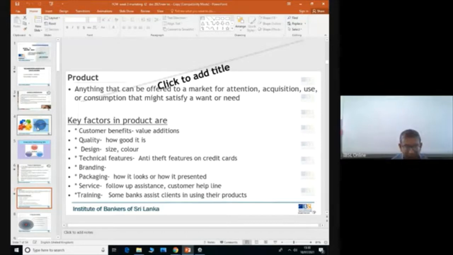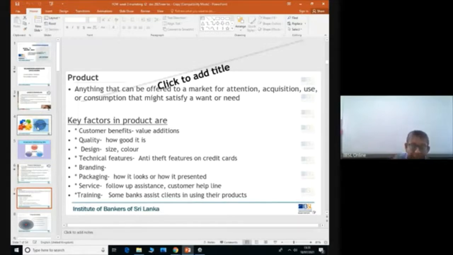The next one is the service. Now, what is the service? Service is what you call the follow-up assistance. Right? Customer helpline. Now for the product, if you have any problem, you can call. Even your call center is sometimes a service to answer your product problems. For certain products, they give you training after sale, when you purchase a photocopy machine, right?